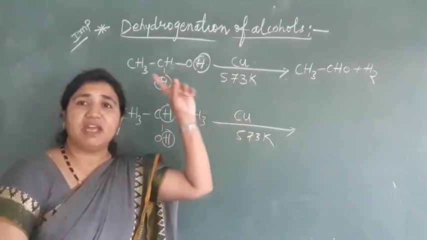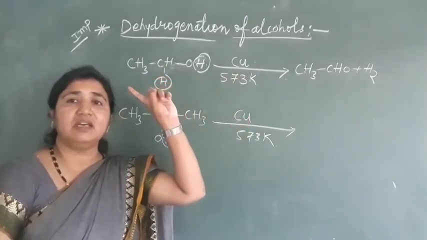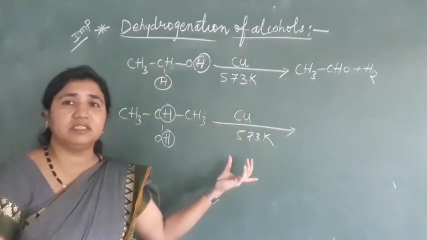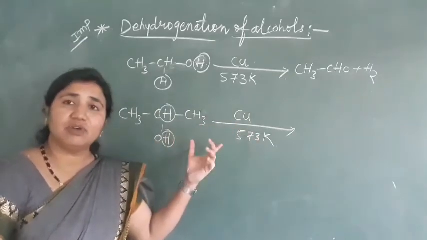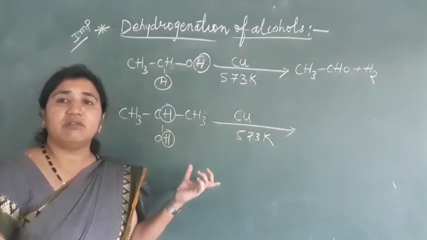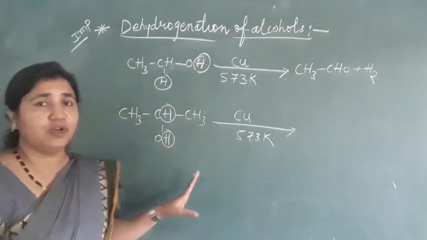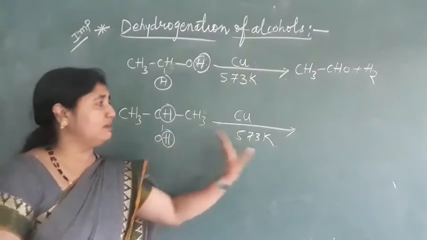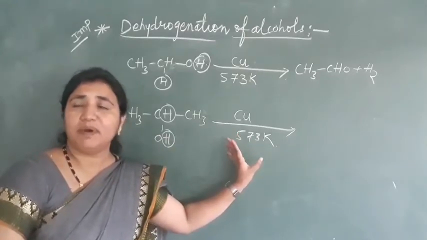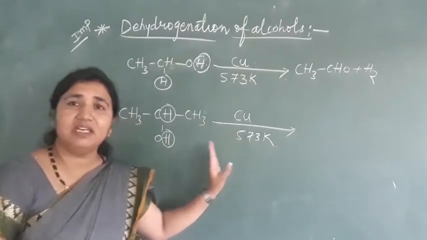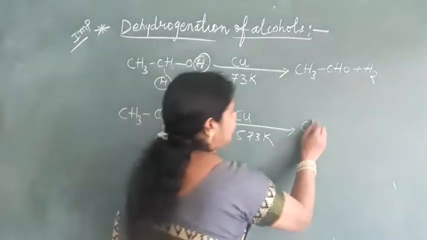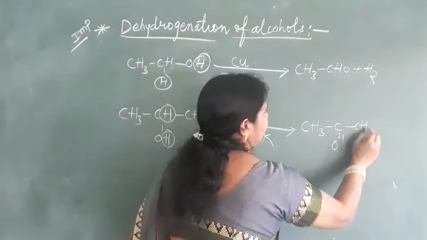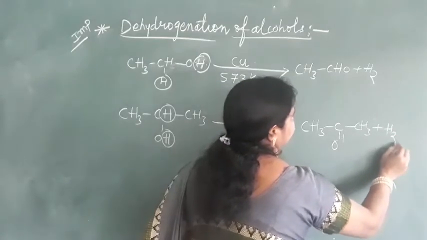Earlier we had potassium permanganate and potassium dichromate, strong oxidizing agents, or PCC, and in those also secondary alcohols always convert into ketone. Here also, when secondary alcohol passes over copper at 573 Kelvin, dehydrogenation takes place and we get ketones and hydrogen gas is released.